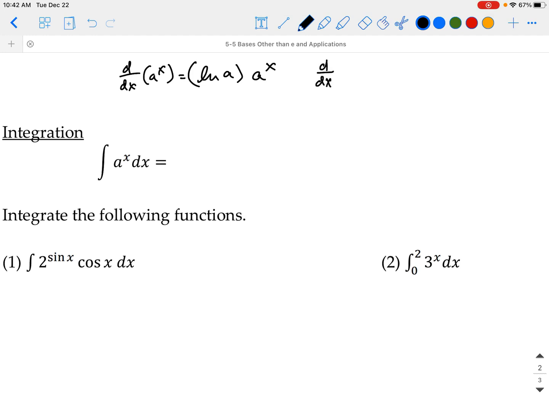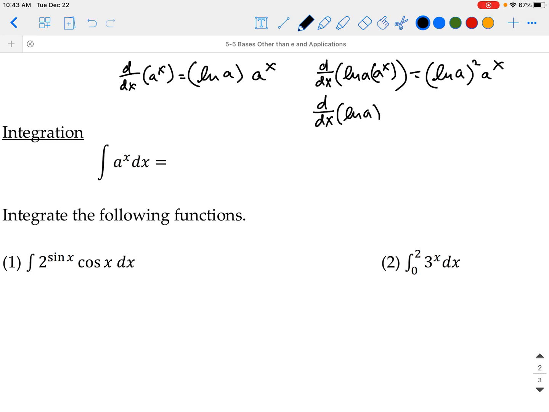Let's say we took the derivative with respect to x of that derivative expression. The natural log of a is just a coefficient, so we would take the derivative of a to the x again, and we'd get the natural log of a squared times a to the x, because now there would be 2 of them.